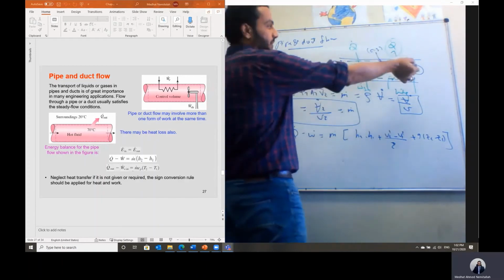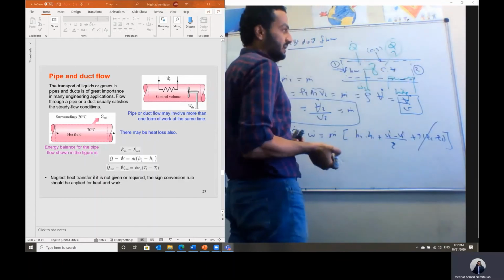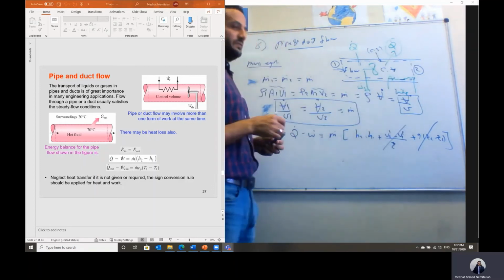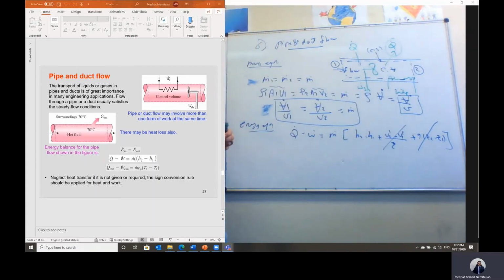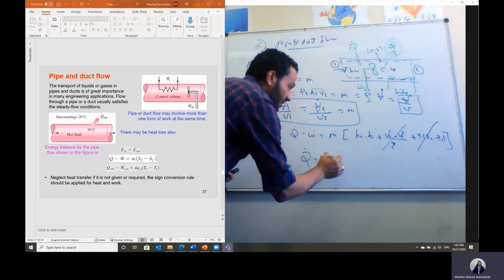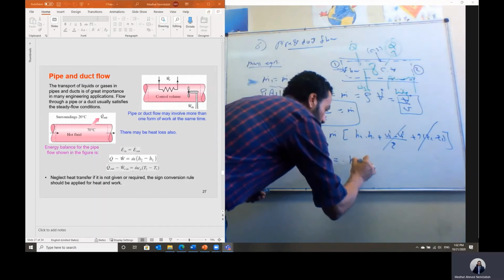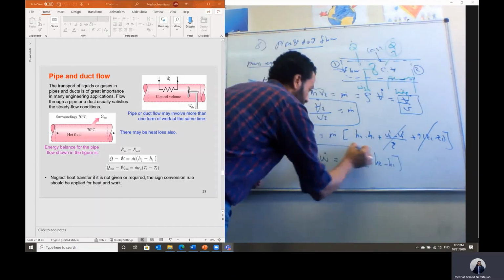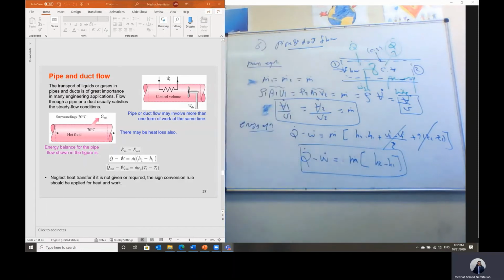We don't have a change of elevation from the inlet to the outlet, so we can neglect it. Also the same cross-sectional area, so we assume we don't have a significant change in the velocity, so this term will be 0 in this case. Or we can say Q dot minus W dot equals m dot multiplied by the change of enthalpy, h2 minus h1, between the outlet and the inlet section.